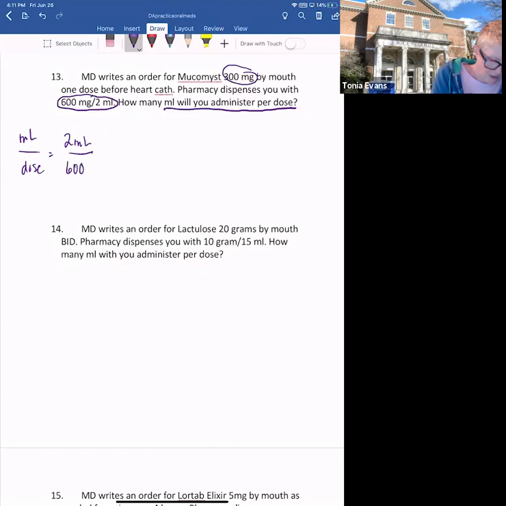I've got 600 milligrams. Now you might look at this and say, well, I can do the math in my head and I know that's 300 milligrams per 1 ml. Why don't I just write that here? If that's not in your problem, don't do anything that requires math in your head. Don't think that you can convert that to 300 in 1, even though it might seem obvious, because that would be eliminating a step.